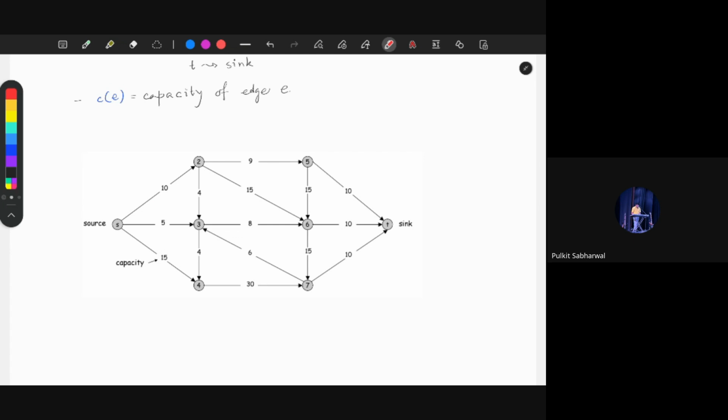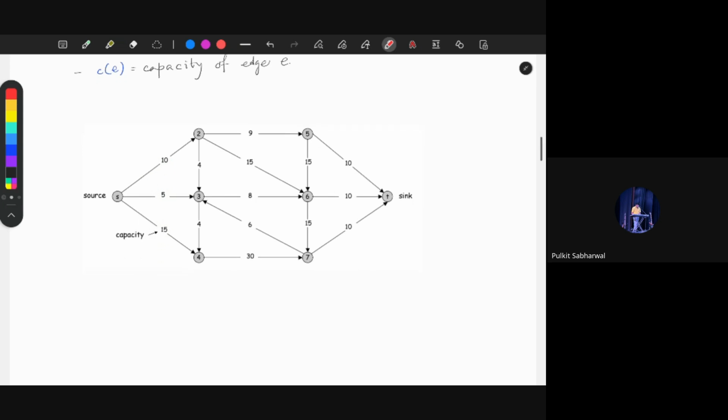Maybe you can think of it like, if you have studied physics, you have say 200 volts here, 0 volts here, and this capacity is actually V by R, how much current can flow through each of the edges. That's what this denotes.